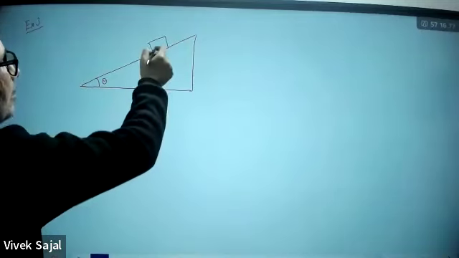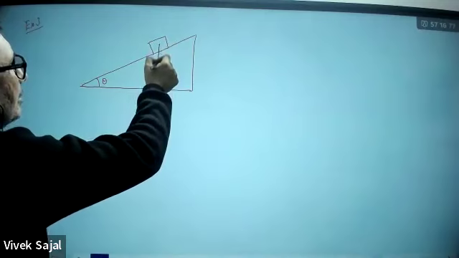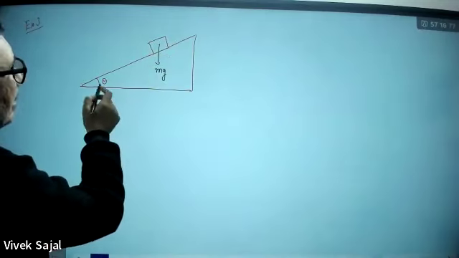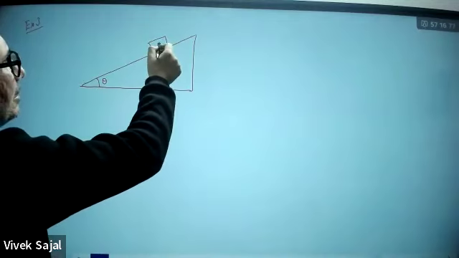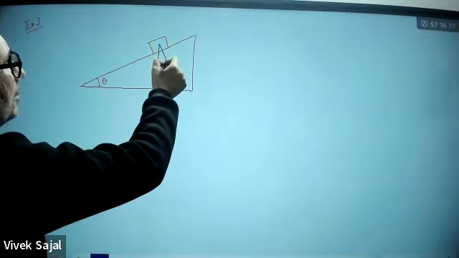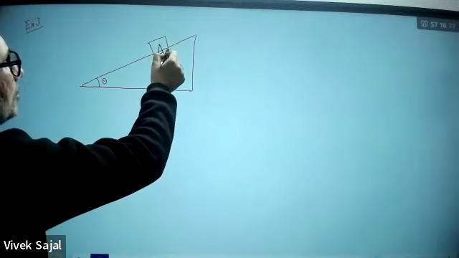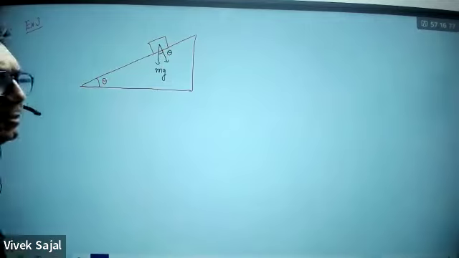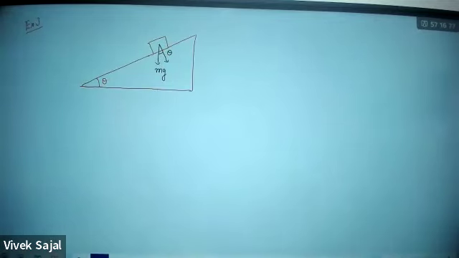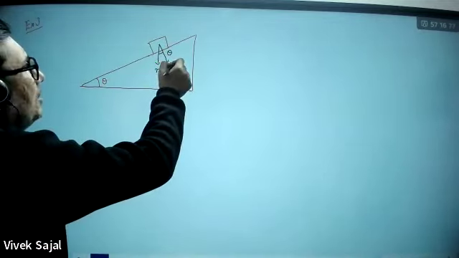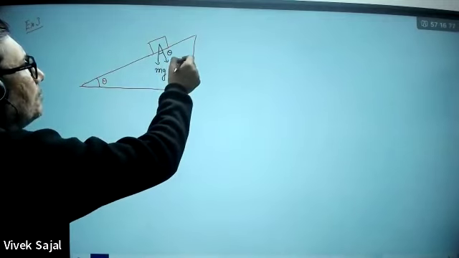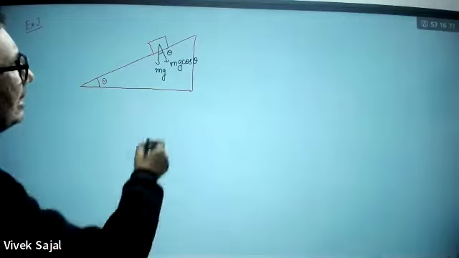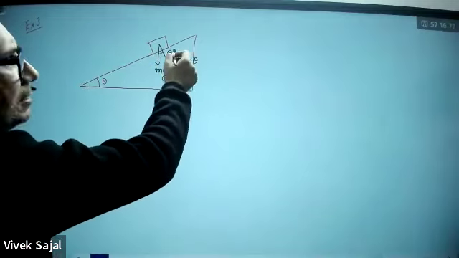Its weight mg is going to act in the downward direction. In the last class I discussed, if this angle is theta, then this angle will also be theta, because this angle will be 90 minus theta. So this will be mg cos theta, one component of the weight acting perpendicular to the inclined surface.